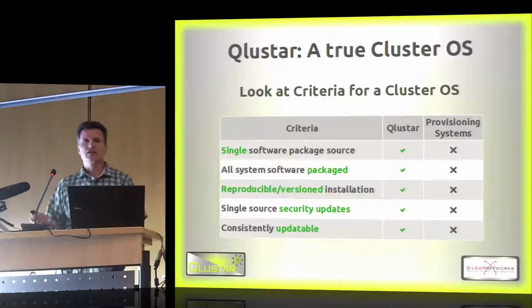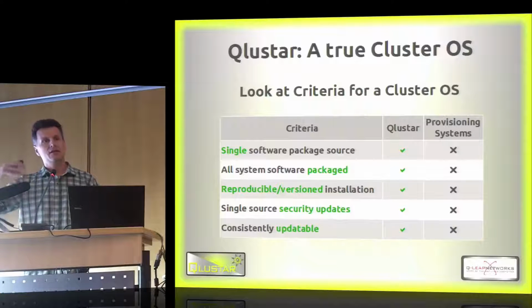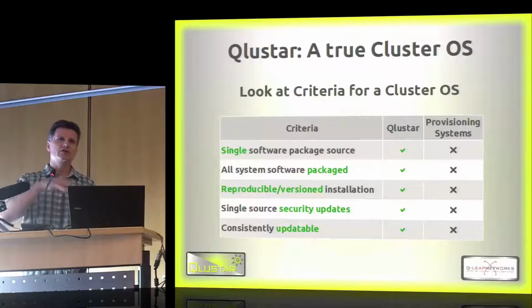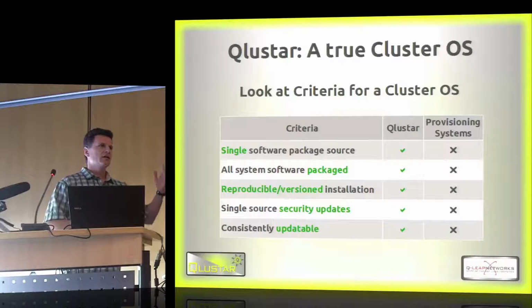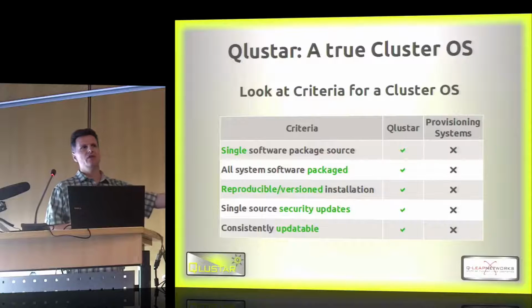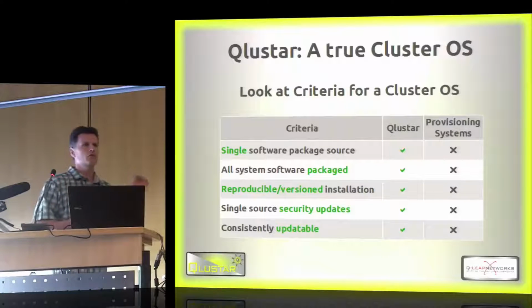And again, for provisioning systems, because of this property that they just create some images that administrators can modify and so on, that's not the case. So that means a cluster with a provisioning system set up at customer A will look, in most cases, pretty different to customer B. In our case, it looks exactly the same once it's chosen the same software components.